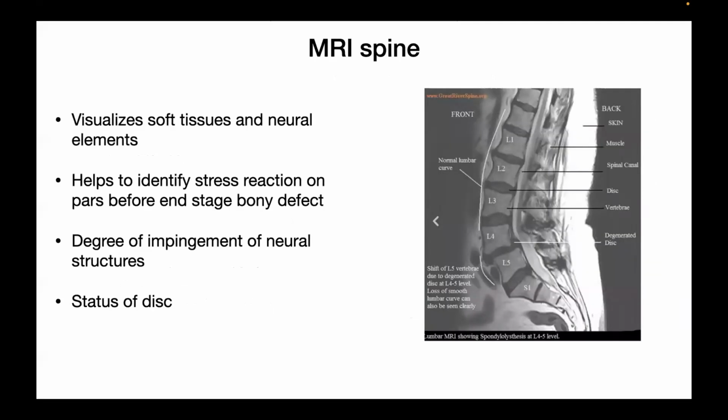Coming to MRI spine, MRI is done in spondylolisthesis mainly to visualize the soft tissues and neural elements. It mainly helps to identify stress reactions on the pars before the end-stage bony defect, degree of impingement of neural structures and other soft tissues, and it also defines the status of the disc. The listhesis is not usually a major component in viewing the MRI spine.